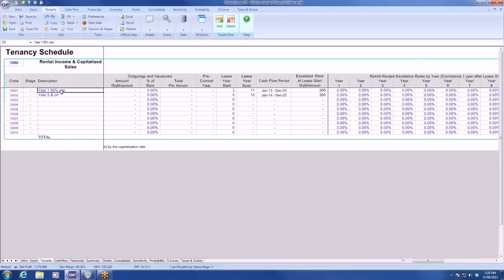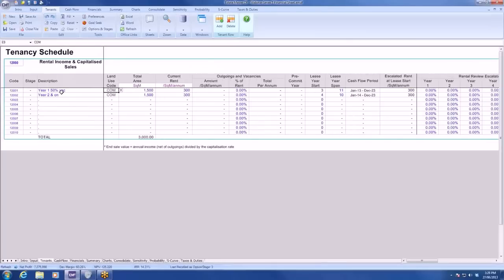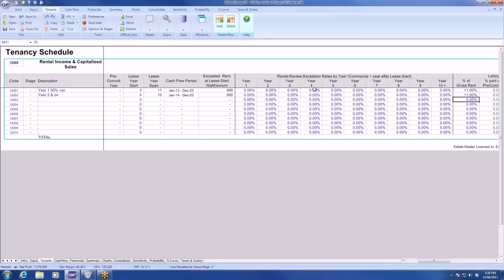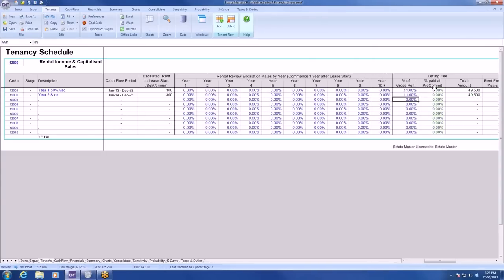So in the tenancy schedule, I reflected year 1 at half vacancy. So I've got 1,500 square metres, and it's year 3, and it's going for 11 years. And then the next year, I got the more leased, and the other 1,500 square metres leased at $300, going for that period of time. I haven't done any escalations in rents, kept the model simple.